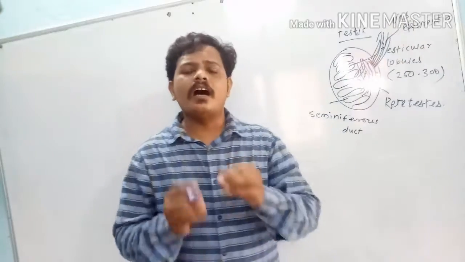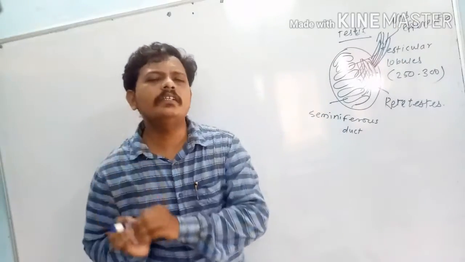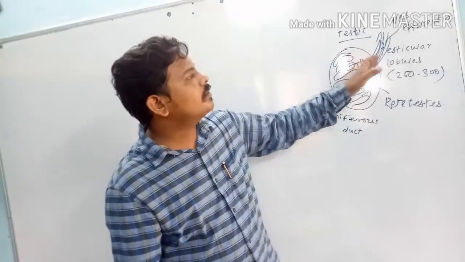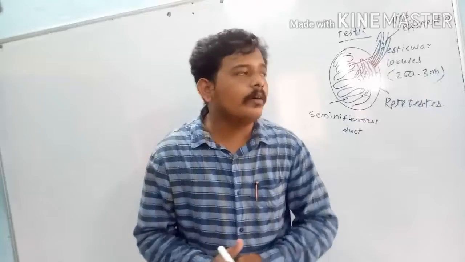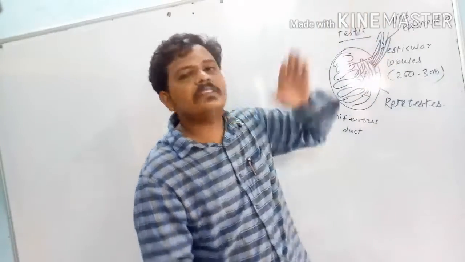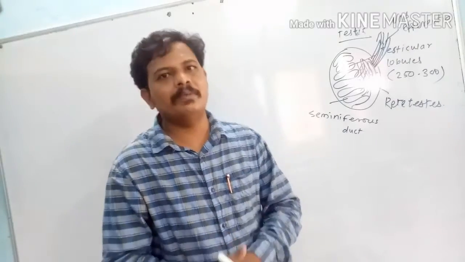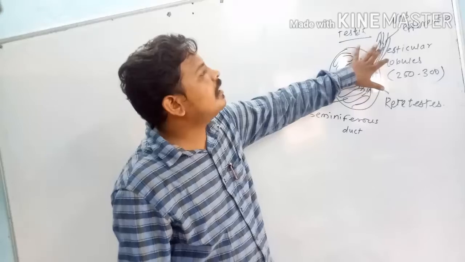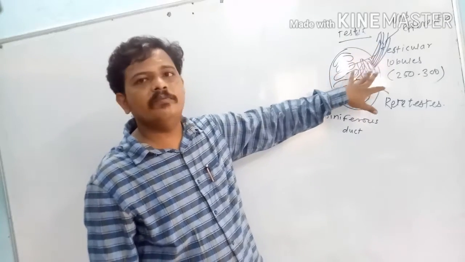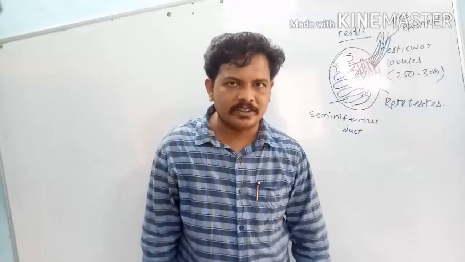Vasa efferentia are very fine, very thin microscopic ducts, 15 to 20 in number, rising from the rete testis and opening at the upper end, means the head of the epididymis. Remember that. And these ducts carry sperm produced in the seminiferous tubules from the testis or rete testis to the epididymis.